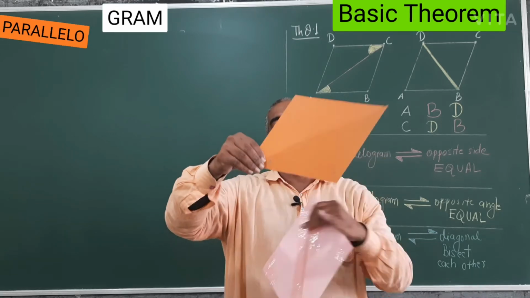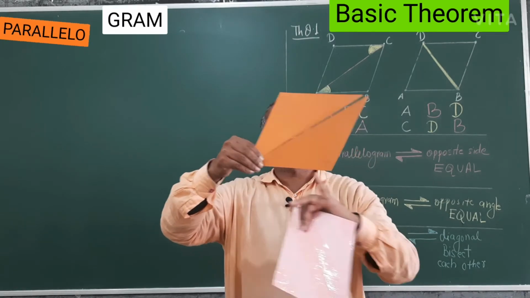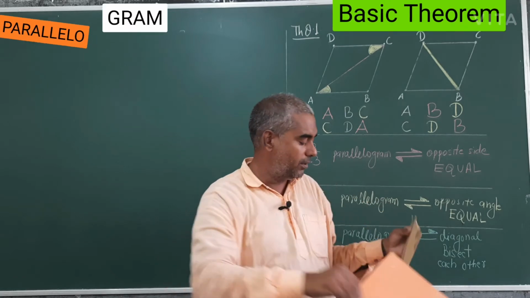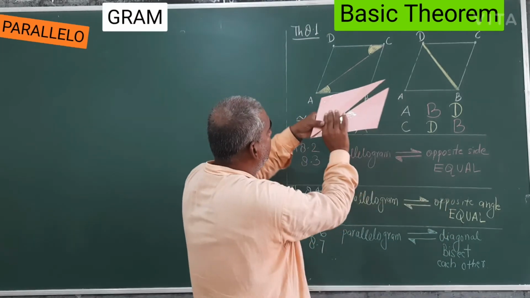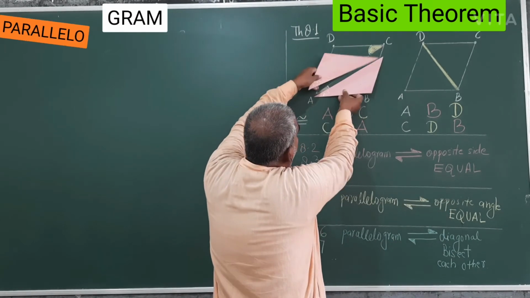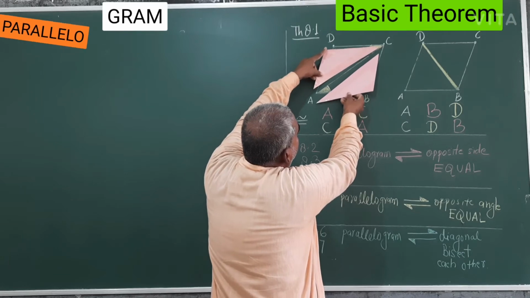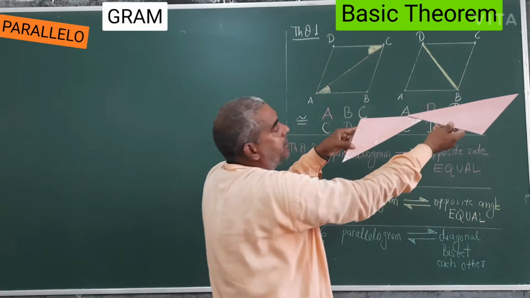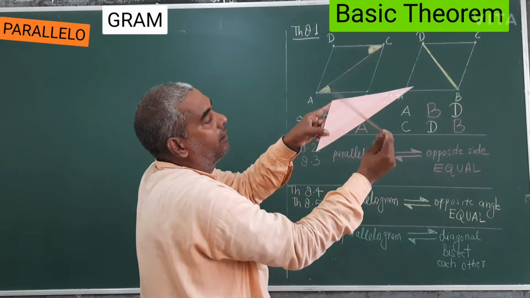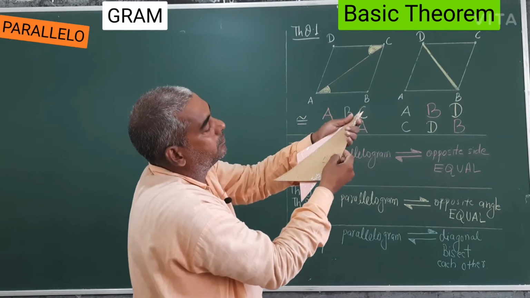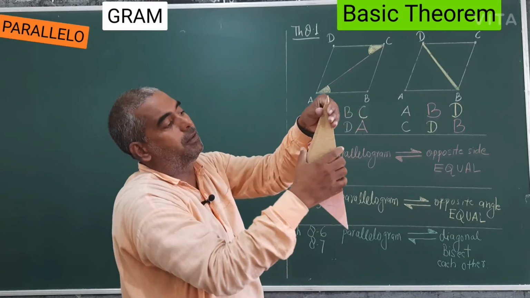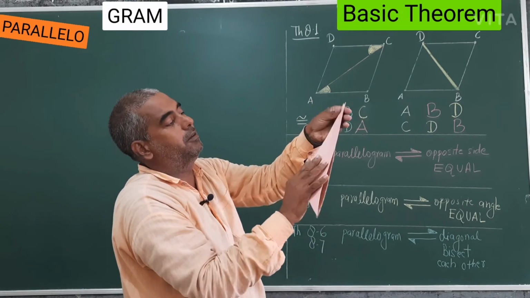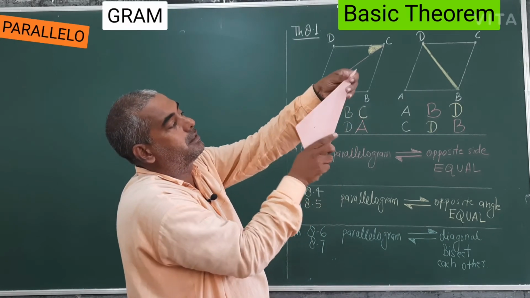In question number 6, this angle is bisected. The thing I would like to tell you is this angle is equal to this one, and you can check this is equal to this, or you can keep it this equal to this.